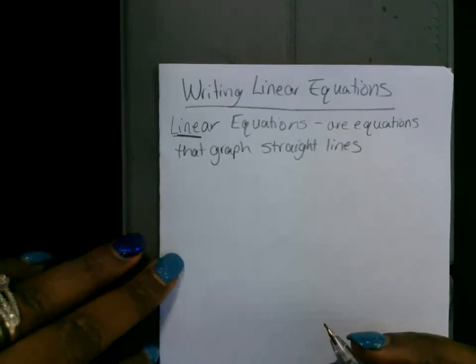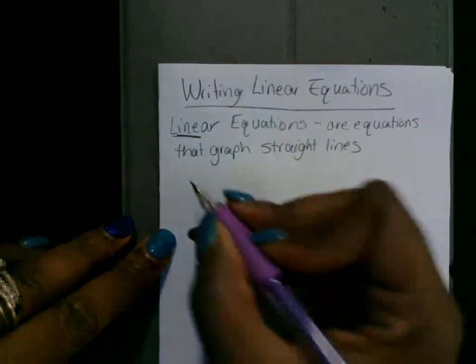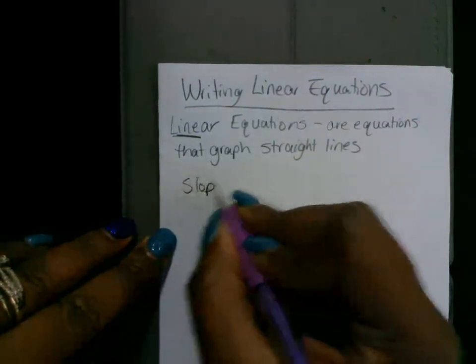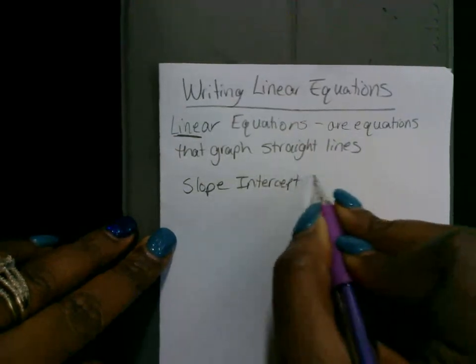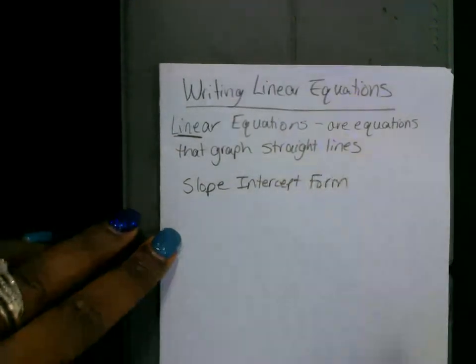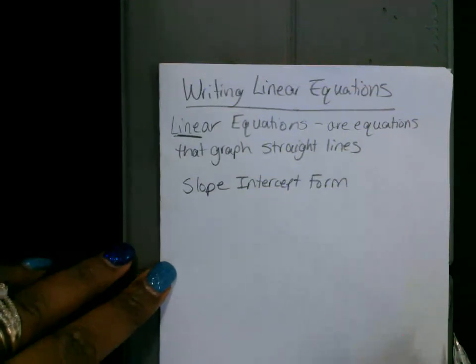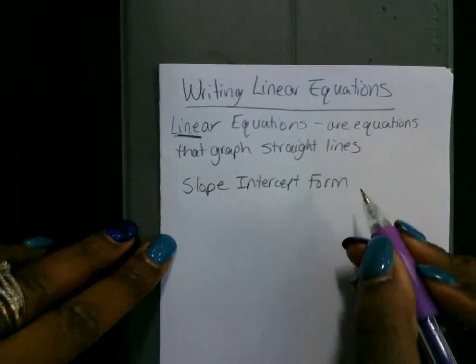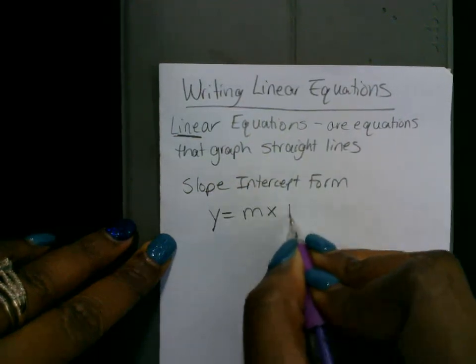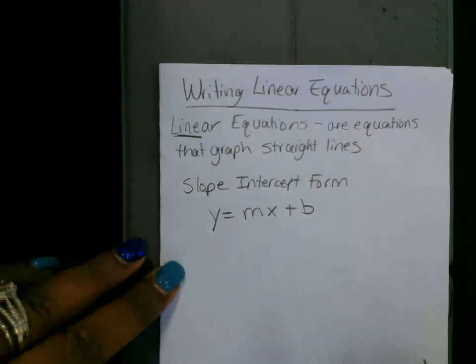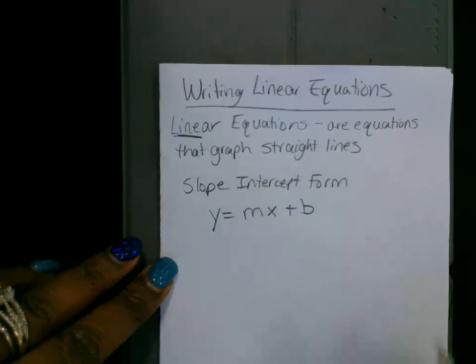One of those forms that we're going to talk about today is the slope intercept form. Slope intercept form looks like this: y equals mx plus b.